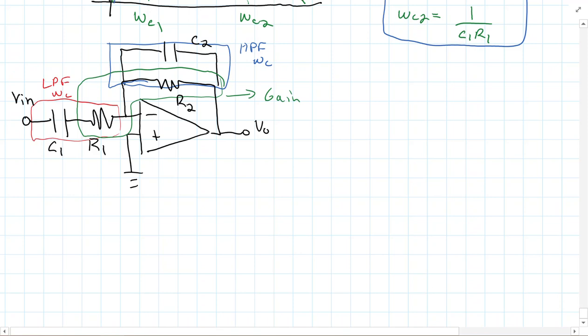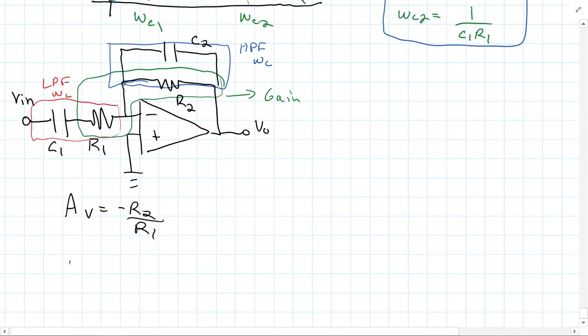Now the disadvantage to this is sometimes with all the things you need, like the gain and the high pass and the low pass cutoffs and everything for the band pass, it's not very efficient or feasible to do this, but it is something you can do here. And so let's go ahead and write the equations down here. In this case for this filter, the gain is just simply minus R2 over R1.